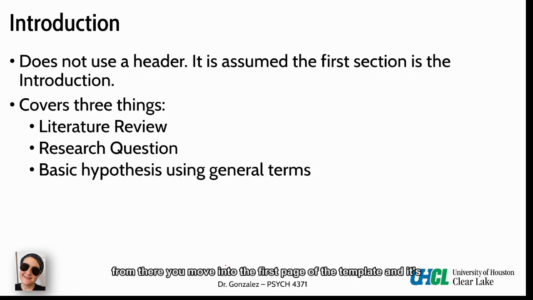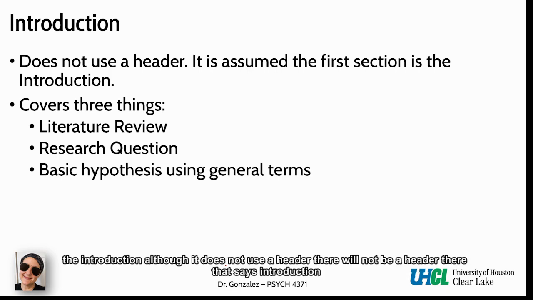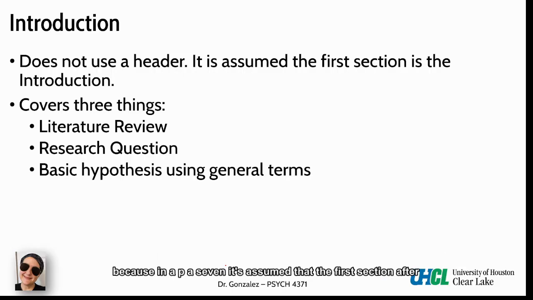From there, you move into the first page of the template, and it's the introduction, although it does not use a header. There will not be a header there that says introduction, because in APA 7, it's assumed that the first section after the title is going to be your introduction. And there are 3 basic things that your introduction is going to include.